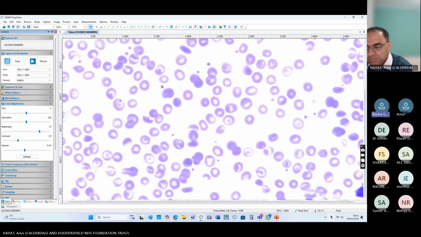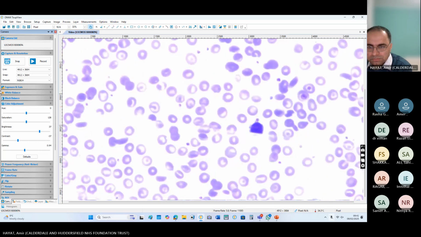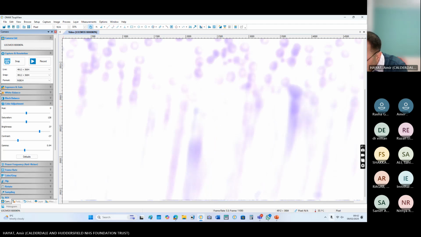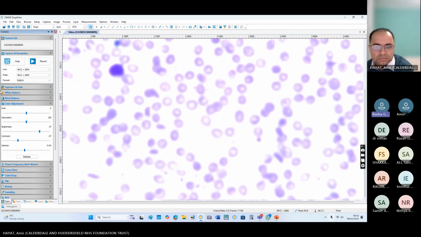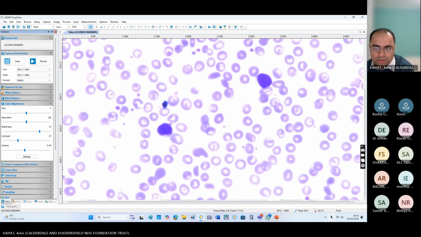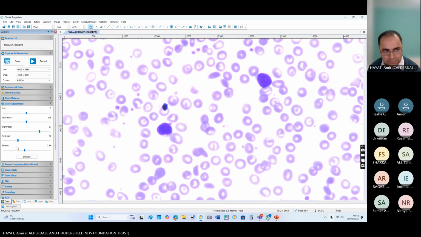The patient presented with what? Anemia. So till now the white cells, what are these? Lymphoblasts or what? No, these are activated lymphocytes.